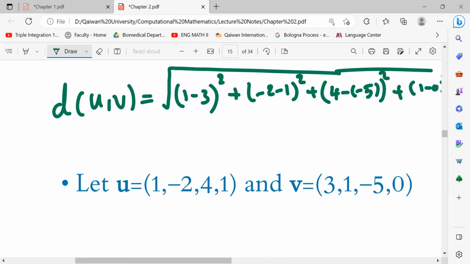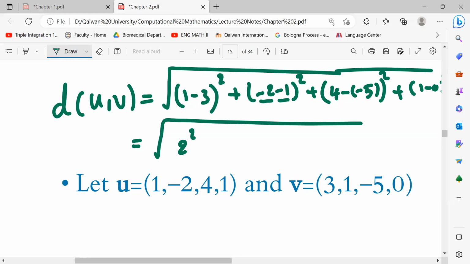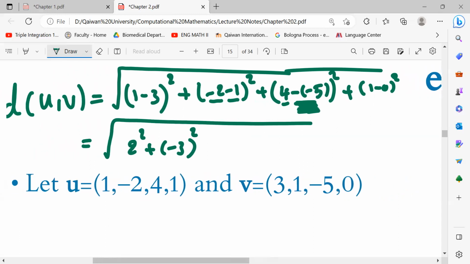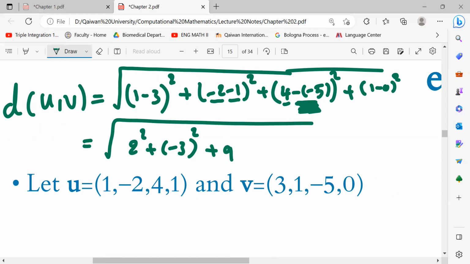Now we simplify it first. This equals the square root of 1 minus 3 is -2 squared. Then -2 minus 1 is -3 squared. Now, 4 minus -5 is 4 plus 5, which is 9. Then 1 minus 0 is 1 squared.